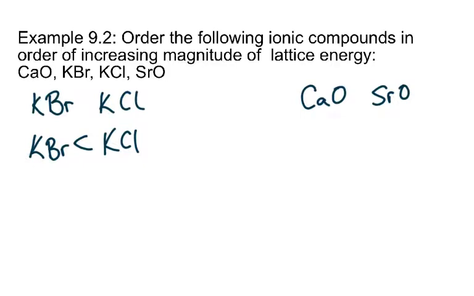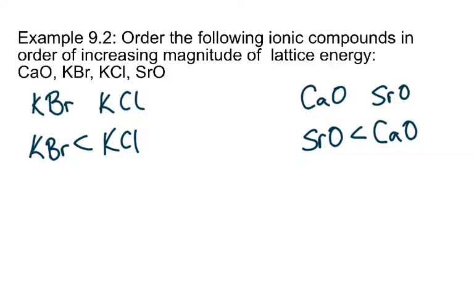Calcium is above strontium, and so strontium oxide is going to be less than our calcium oxide because calcium oxide has the smaller ions because it's higher on the periodic table.